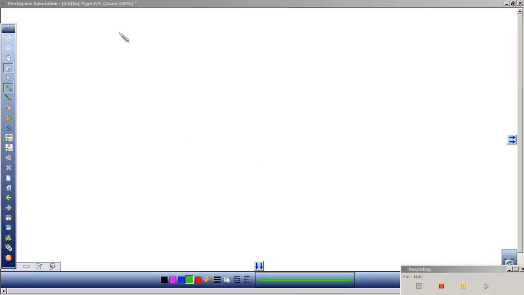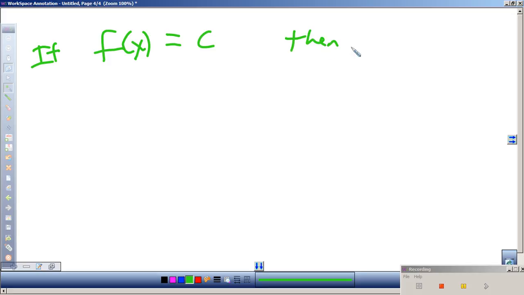Now, a couple more rules we put in here. First, if f of x equals c, f prime of x will equal what? Let's test something. If f of x equals 5, what does the function 5 look like? Horizontal line, right?